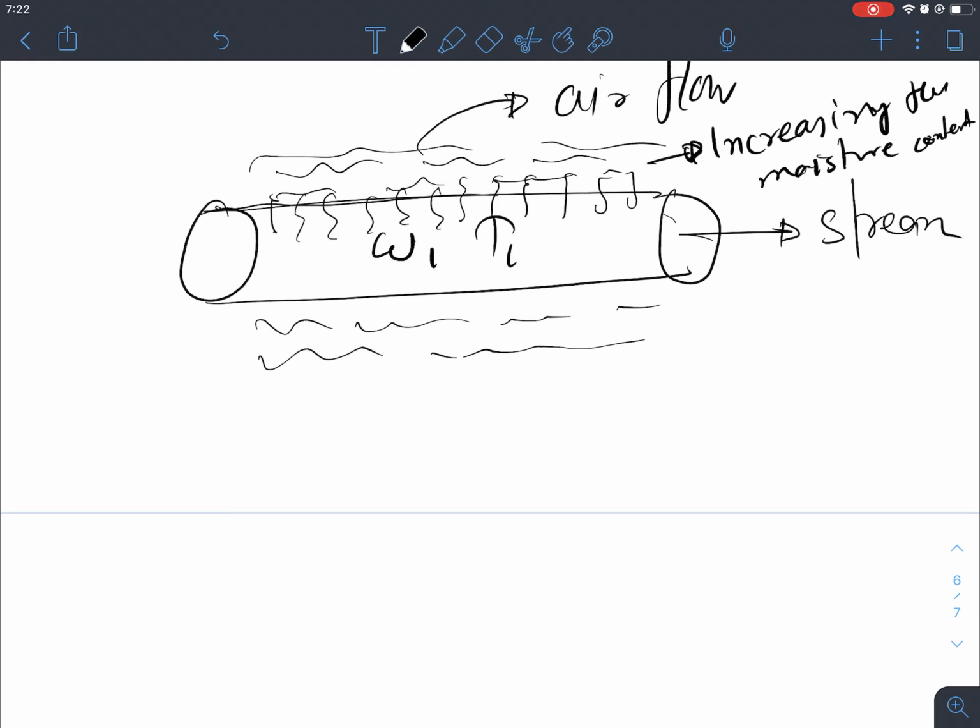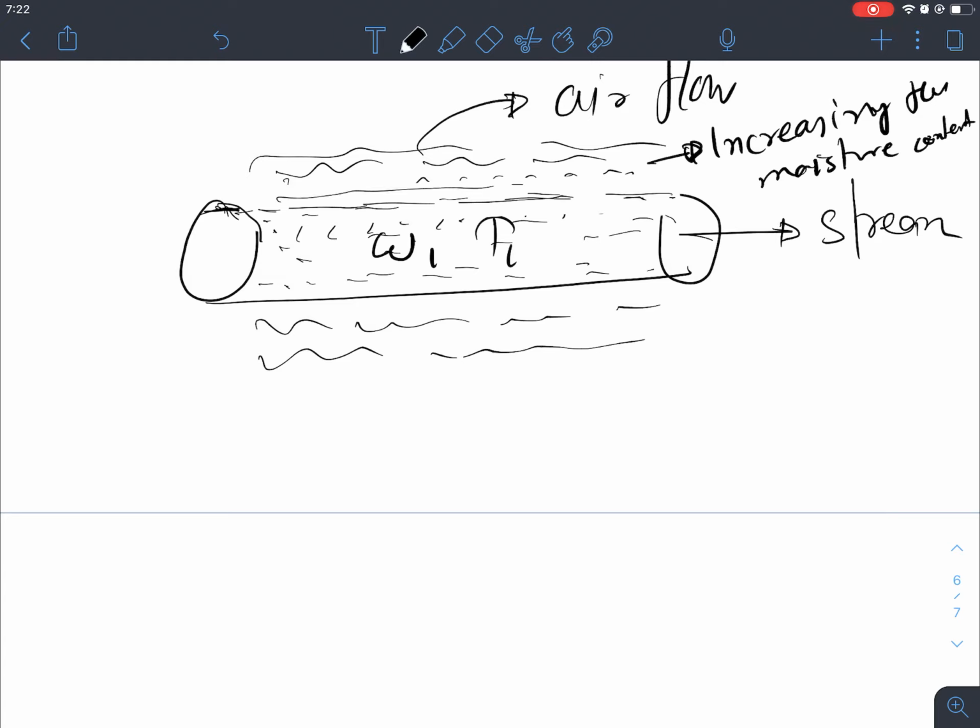So again, let's say we consider this is the open channel. Let me remove this line. If we have this stream, basically this is water flow through this stream, and then the air is flowing over this stream, right?